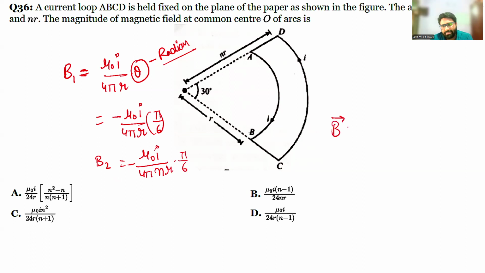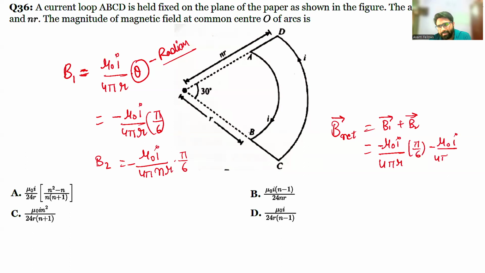So B net here is B1 vector plus B2 vector. If I add just the magnitudes, because the sign is also mentioning the direction, it is minus mu naught I upon 4 pi r into pi by 6 minus mu naught I upon 4 pi n r into pi by 6.